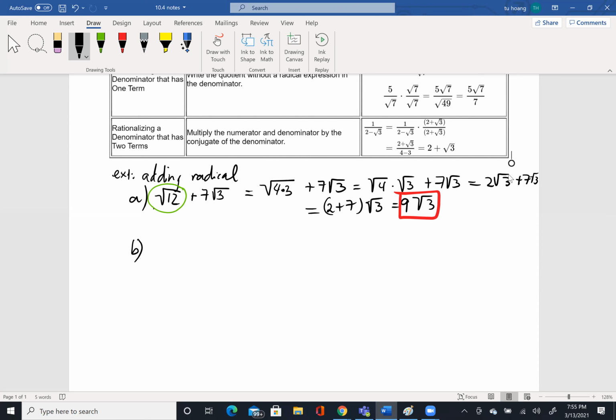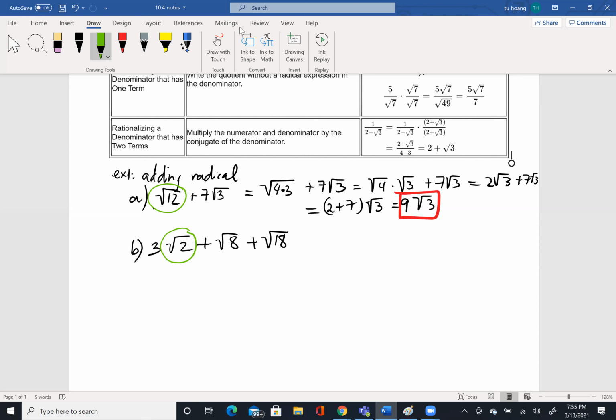If I have, say, 3 square root 2 plus square root 8 plus square root 18. Okay, so we can see that here the smallest radical is square root of 2.